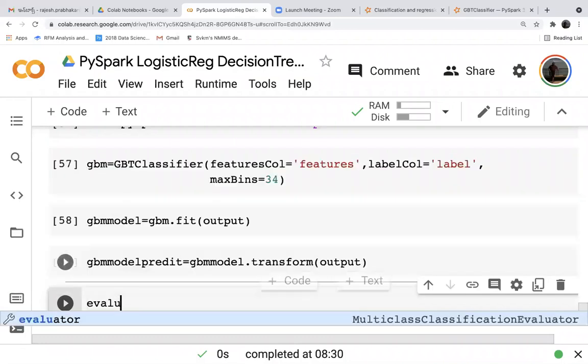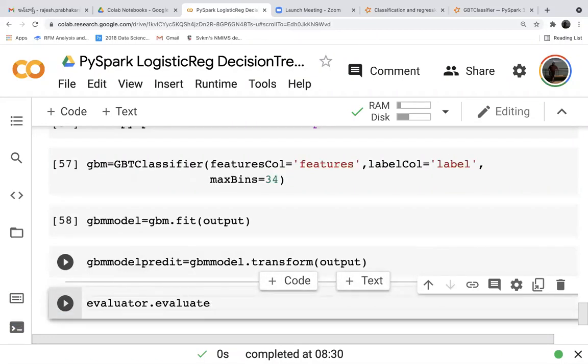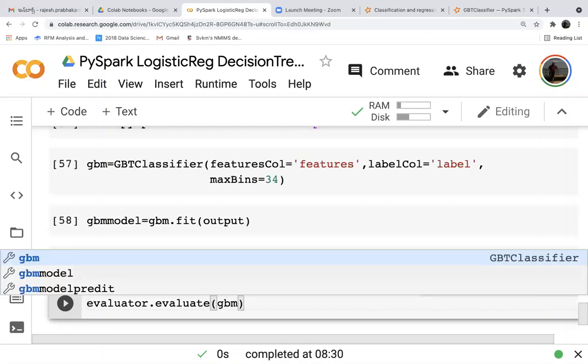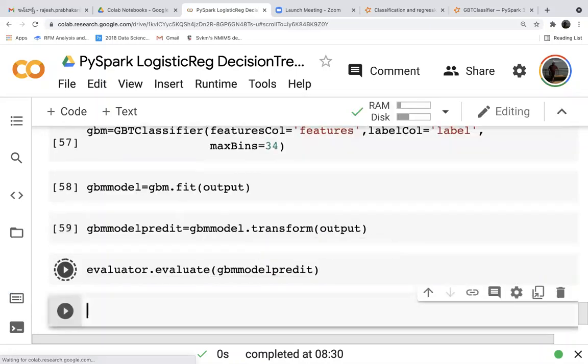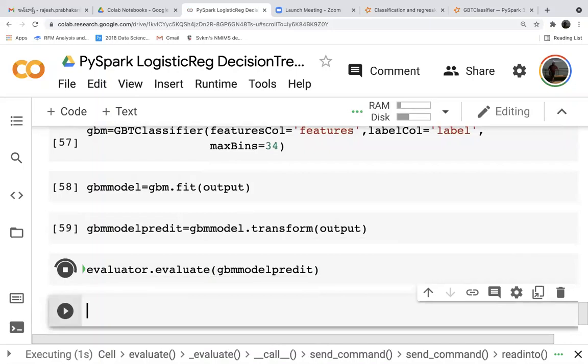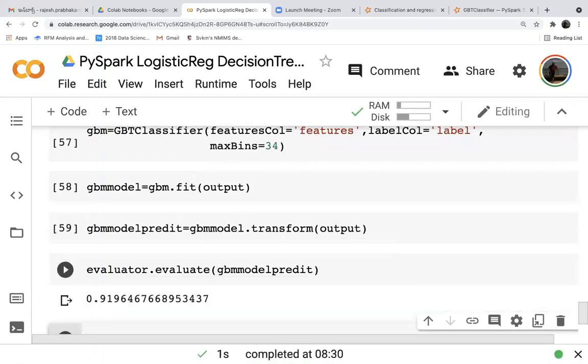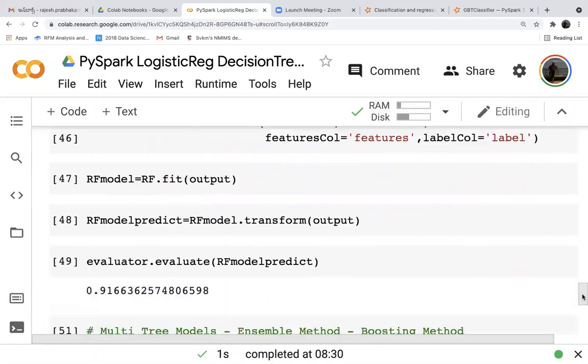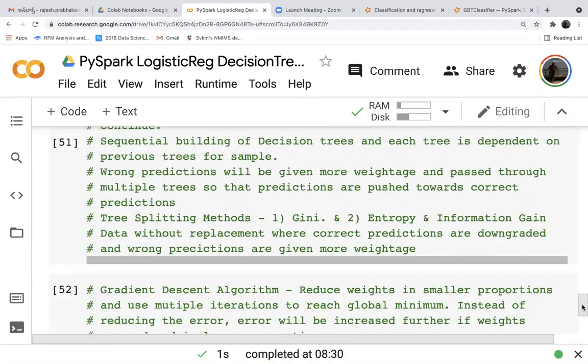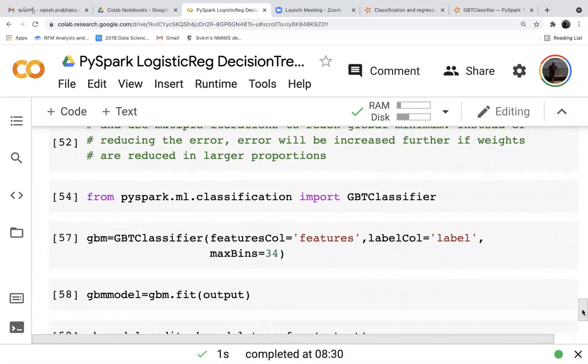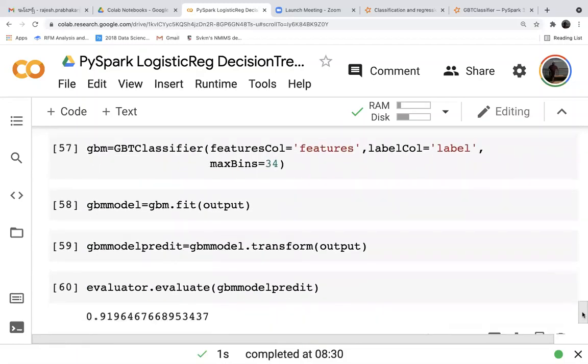So evaluator dot evaluate GBM predict. The accuracy is 91.97. Slightly better accuracy than the bagging method, with boosting.